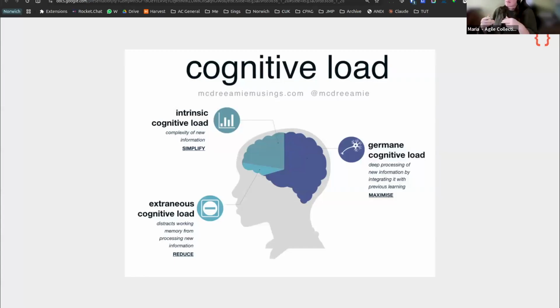And we want to be maximizing the germane. So we want to be using familiar patterns that people already know. And that reduces the likelihood that people are going to suffer cognitive overload. I'm sure we know what that's like. Far too much going on. Suddenly have to deal with something brand new. Can't make head nor tail of it, and we just have to walk away because it's just too much right now.